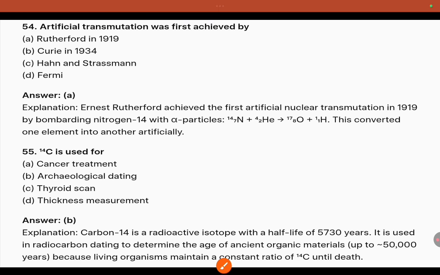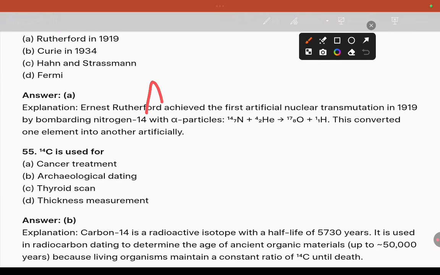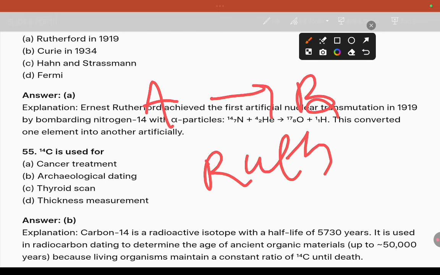Coming to 54, artificial transmutation. Transmutation means converting one element into another element form, which was discovered by Rutherford. He tried on nitrogen, which is converted to oxygen.